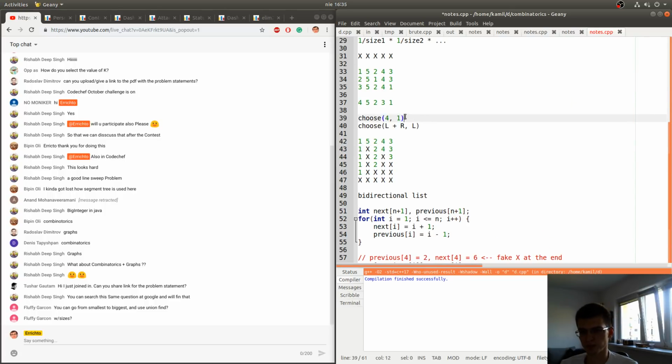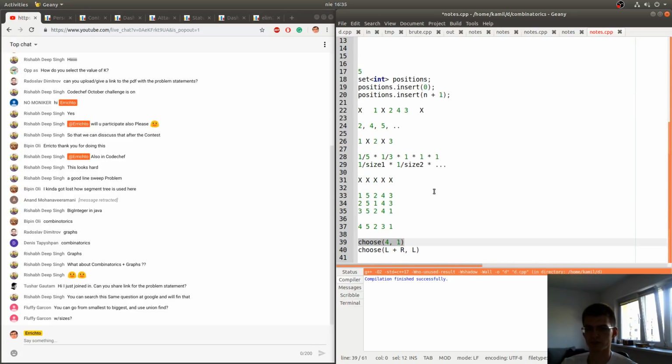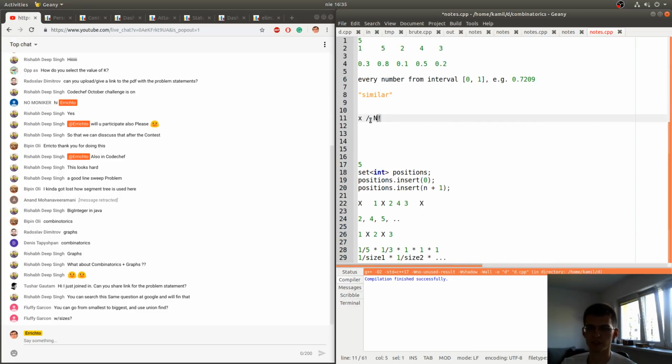So this more combinatorial approach, without probability, will just count the number of permutations, and of course if we want to find the probability, then we divide the number of permutations by n factorial.